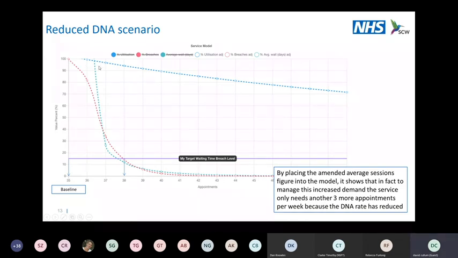And their actual wait time on the blue line has shot up to infinity, but it's going to be pretty much indefinite. It'd be difficult for you to say with confidence how long someone was going to wait. But just by levering in an additional 3 appointments, you can bring that system and that queue and that waiting list back into balance and make it sustainable again.